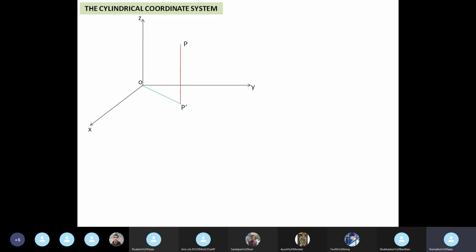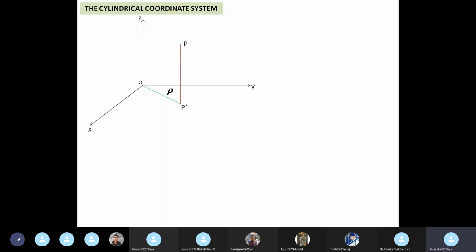Then we join this point P prime with the origin O. Okay, clear? This line segment OP prime is denoted by rho, the Greek alphabet rho, and this is our first coordinate of this system.